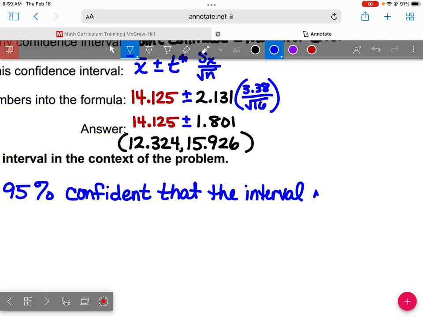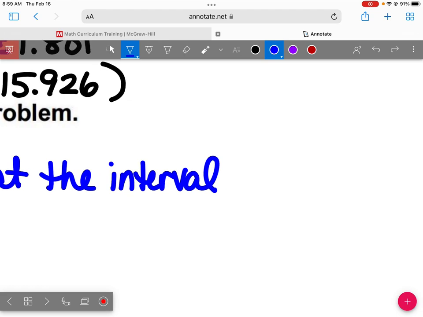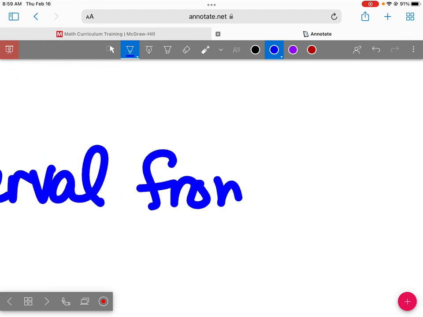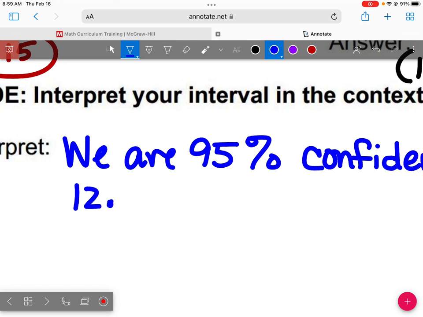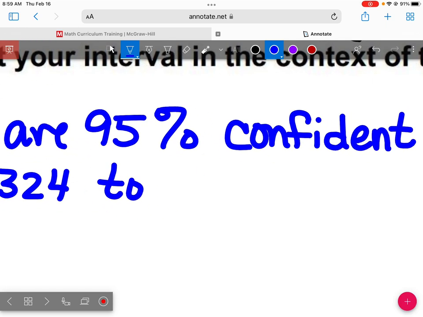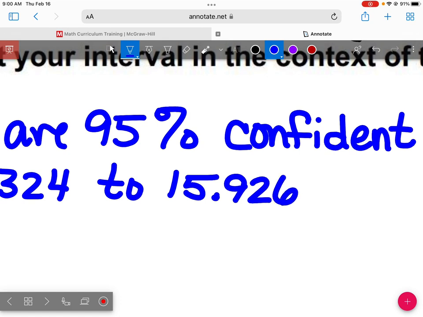Yes. Normally I would stick in context here.